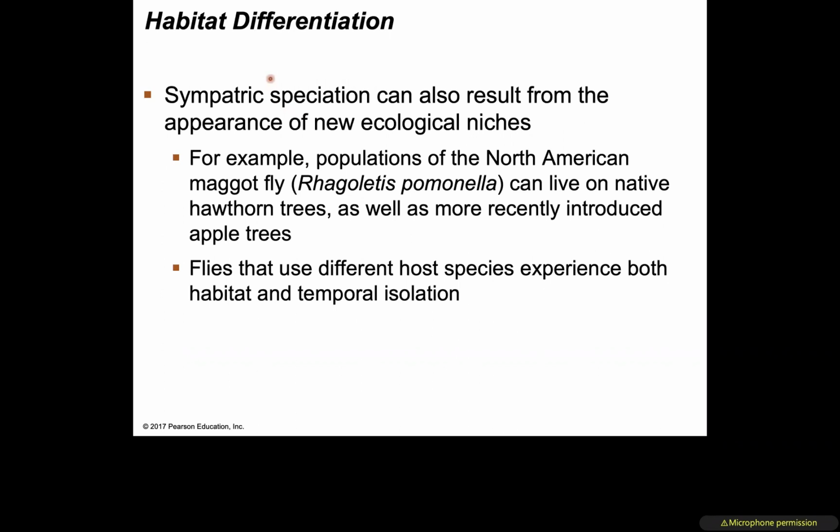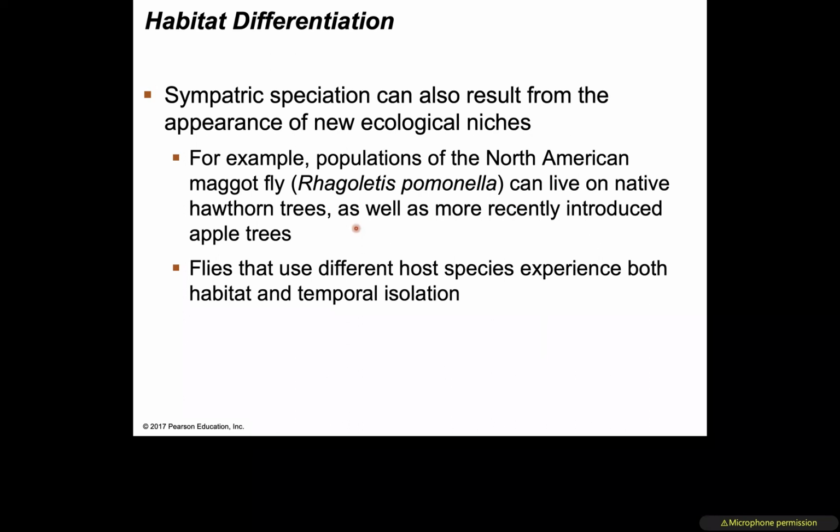And so the next thing is habitat differentiation. Habitat differentiation can also result from the appearance of new ecological niches. So the example that they give are the populations of the North American maggot fly. They can live on native hawthorn trees, as well as more recently introduced apple trees.